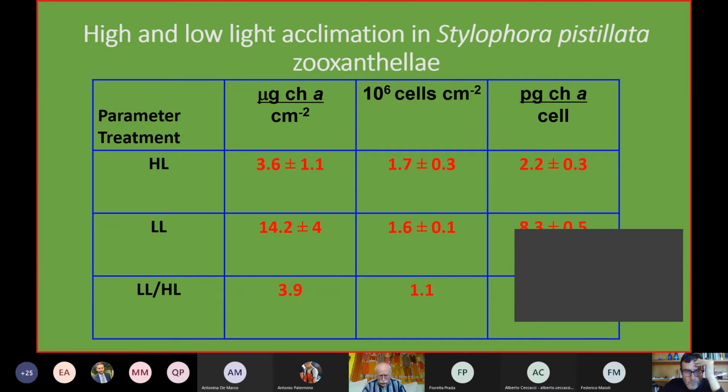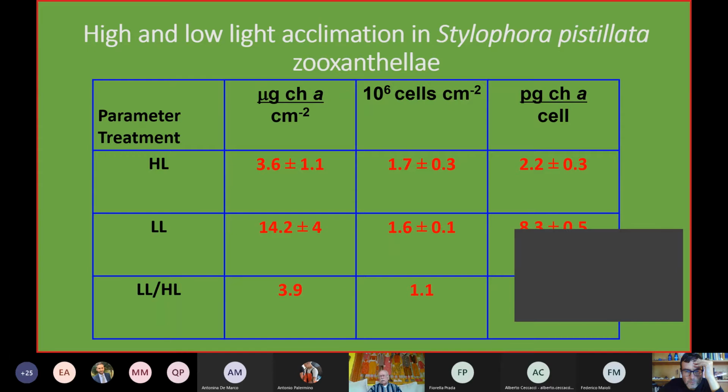HL is high light, LL is low light, LL divided by HL. And you can see that there is about 4 times more chlorophyll per centimeter square under low light, see at the bottom line. But when we counted, the cell numbers are not different.